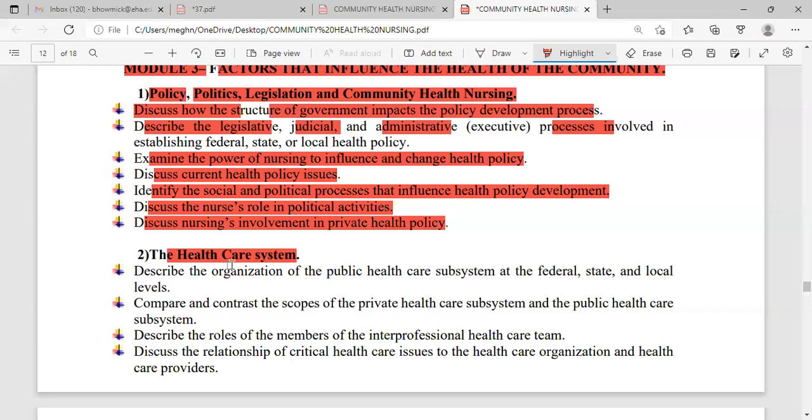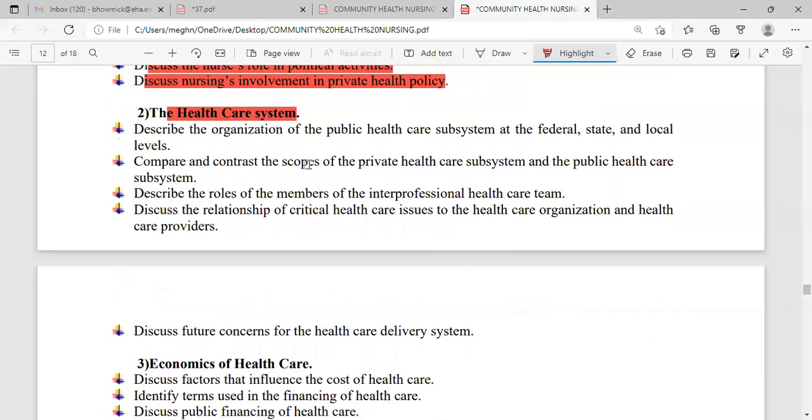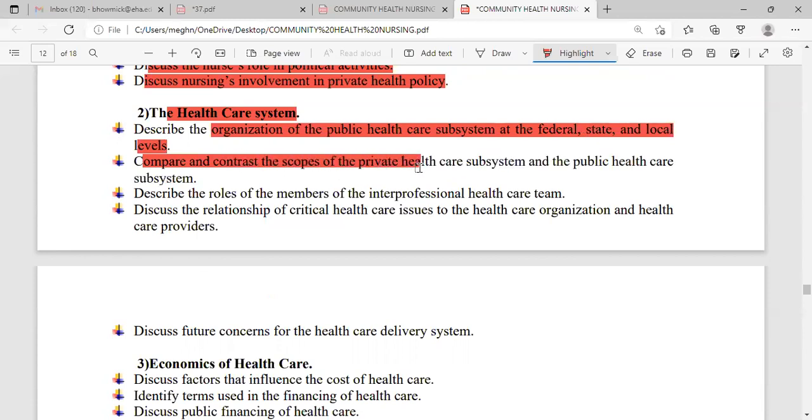What else? The healthcare system. Describe the organizations of the public healthcare systems at the federal, state, and local level. Compare and contrast the scope of the private healthcare subsystem and the public healthcare subsystem.